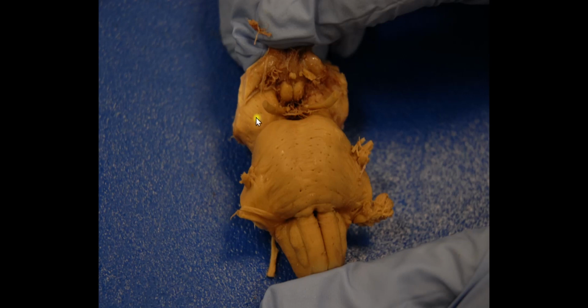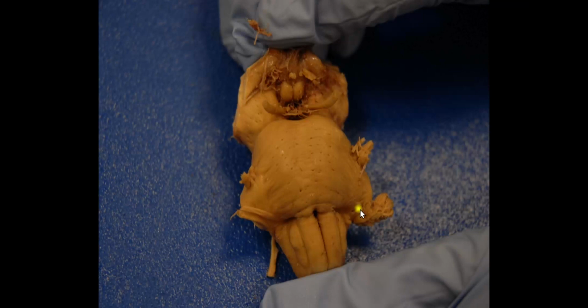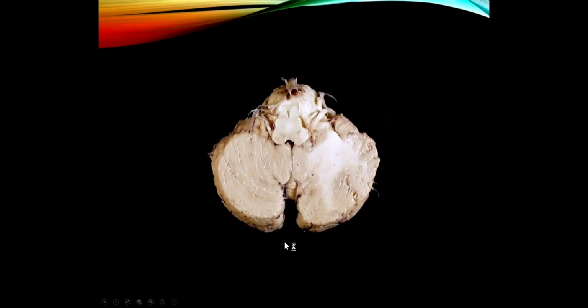So when we're making cuts, we're always going to look for the corticospinal tract in this anterior location. So here we did a cut right through the medulla. All right, and so notice, here's the pons, and these are the medullary pyramids. They're anterior. And then here's the rest of the medulla and the cerebellum.